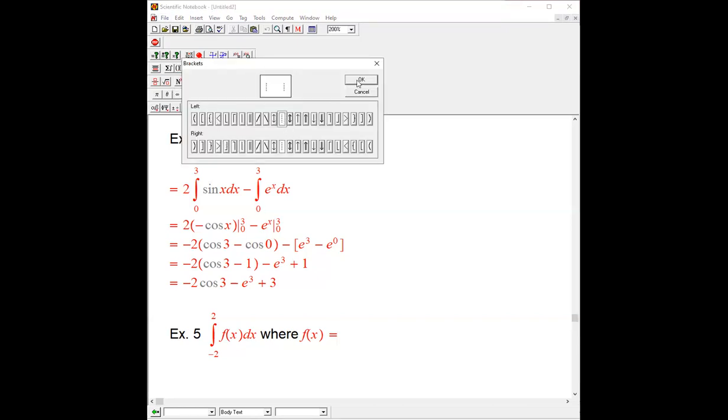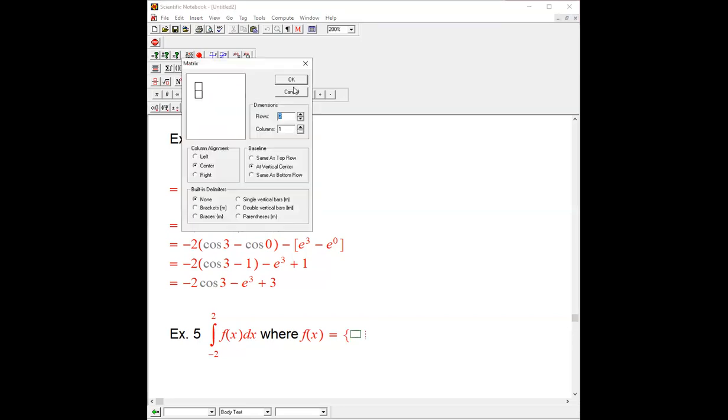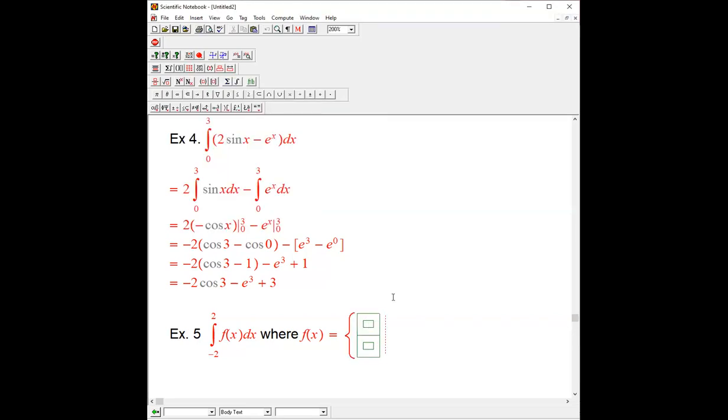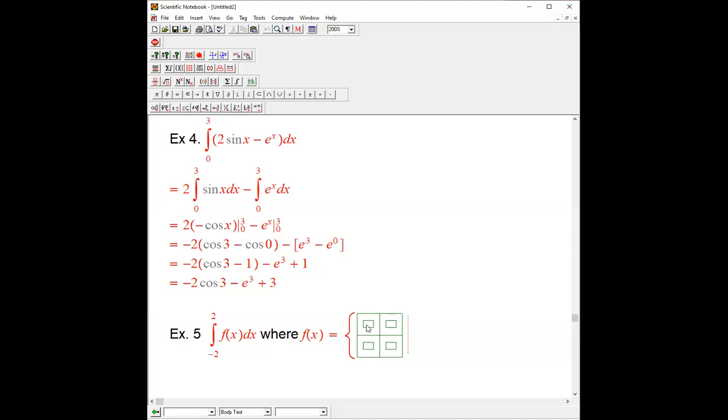There are 2 pieces for this function. It equals 2 if x is between -2 and 0.